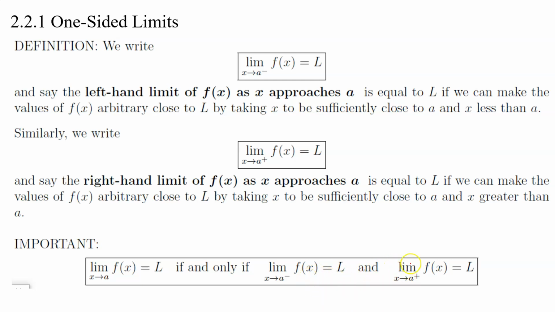So you can write it down in this way. This one and this one must be the same. And this one, dia kata limit x approaching a, wujud if and only if sebelah kiri and juga sebelah kanan dia sama. Okay, the value is the same.